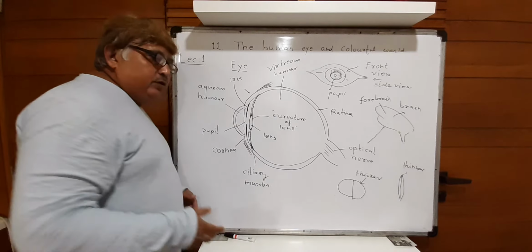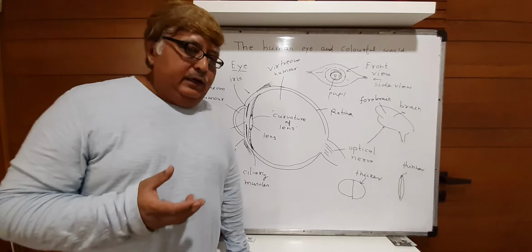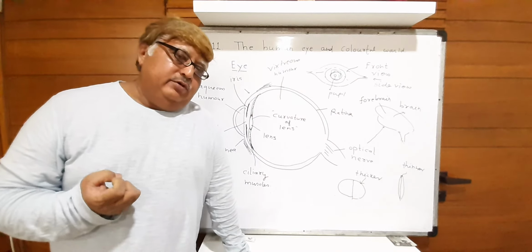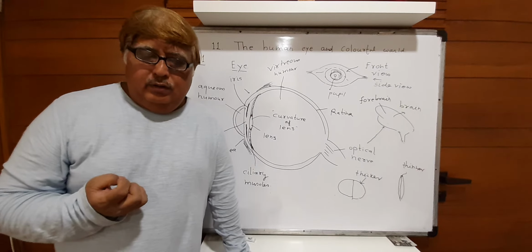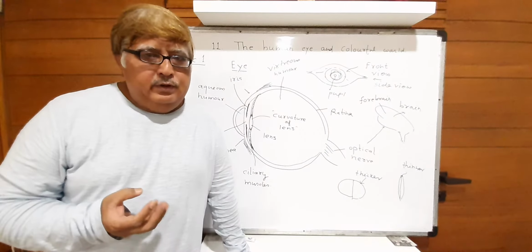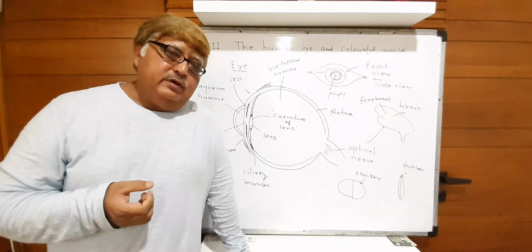A separate short note has been given in the textbook. Explain power of accommodation. Every normal human eye is gifted with this power of accommodation. Understand?